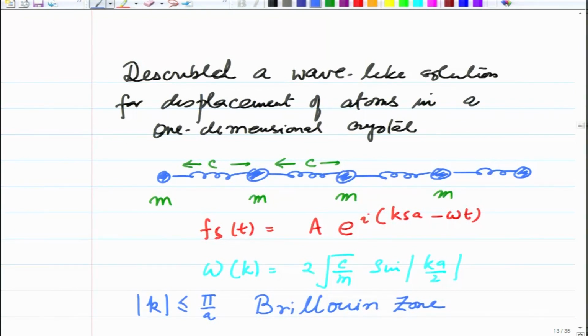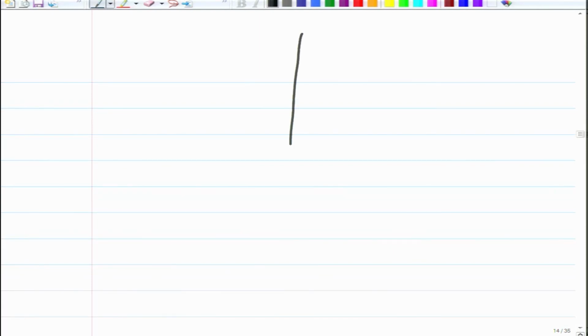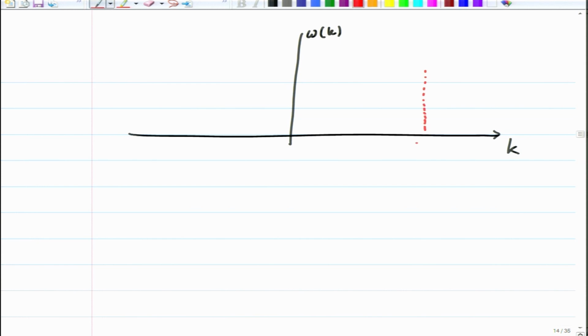In this lecture what we are going to do is explore the properties of this solution. If I plot the solution omega k versus k, restricted to the Brillouin zone, between minus pi by a and pi by a on the two sides, let us notice some features.